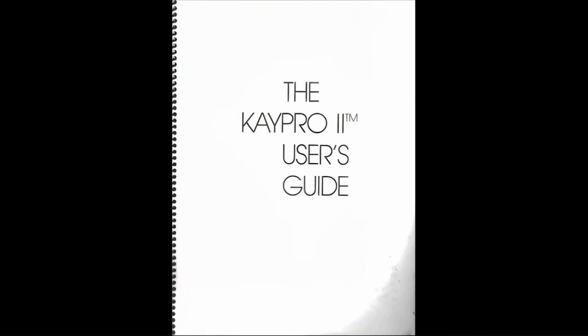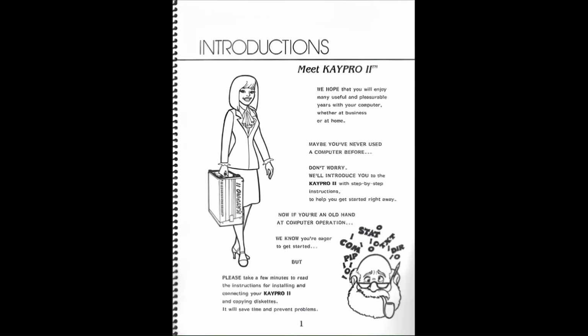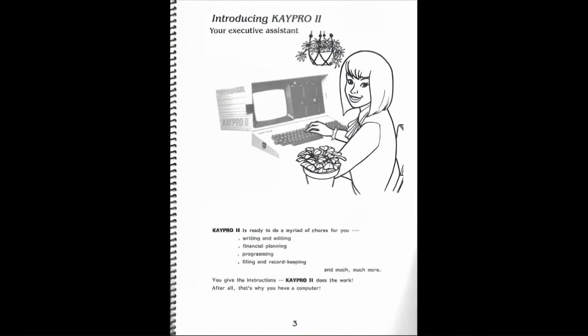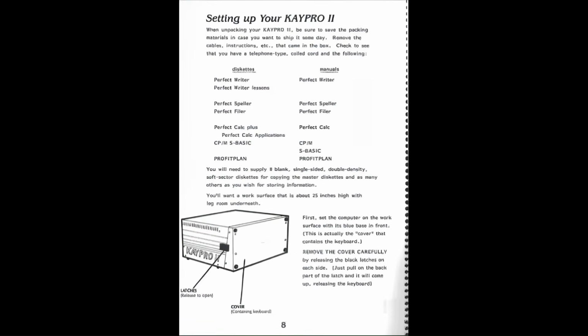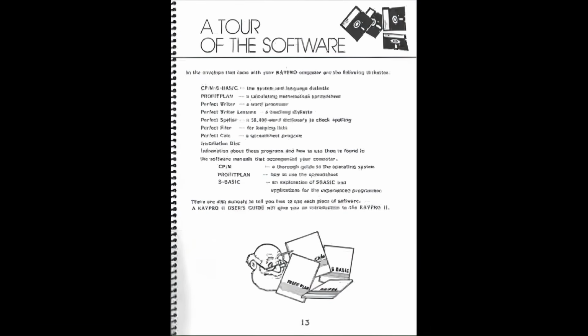Now, I'm just going to show you a few selected pages, so we're not going to go through all of the manual. I've selected these pages just to give you a feel for what the manual contained. It had quite a friendly and approachable style, which was important because most people who bought the Kaypros would never have come across computers before, so they were intimidating machines, and the manual was written to try to make people feel at ease.